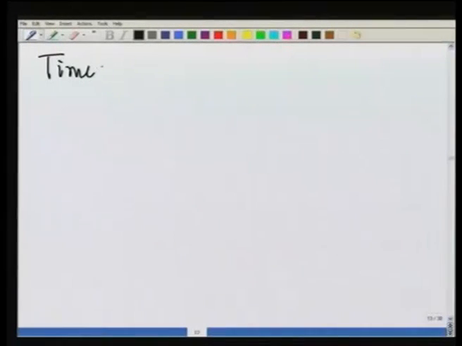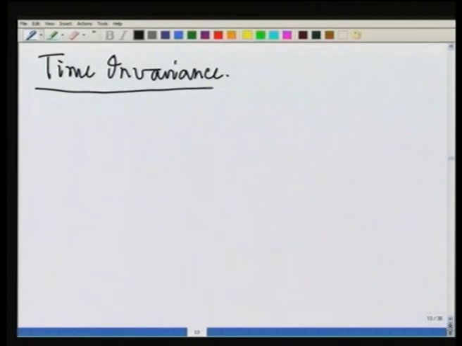Let us now move on to the next property of systems, next important property of systems, which we shall call time invariance. Every time I introduce a new property, I make some comments about whether it is a domain related property or a range related property.